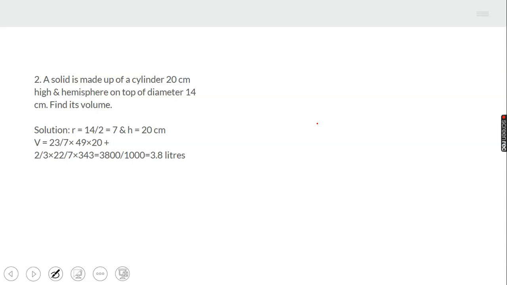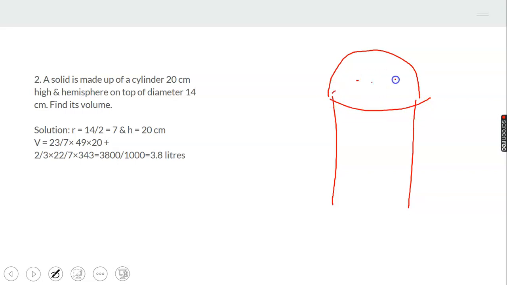We call it hemisphere. So we have a cylinder at the bottom. I draw it. Then we have a hemisphere at the top, half of it. So the hemisphere is at the top. This is the shape.